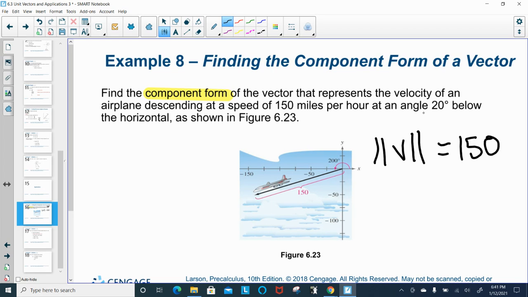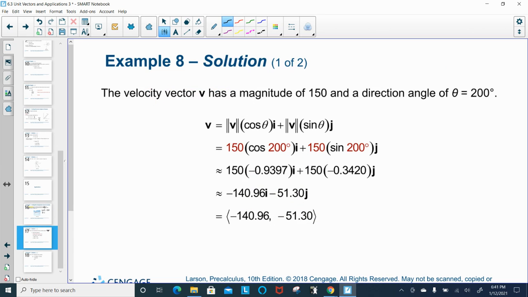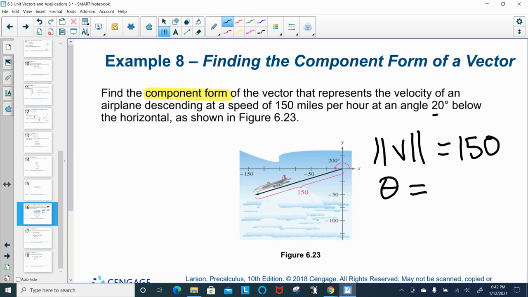And it says that the angle is 20 degrees below the horizontal. Well, this angle looks like it's in the third quadrant. Yep. So if it's in the third quadrant and it's 20 degrees below the horizontal, this is 180. So 20 more degrees is 200.